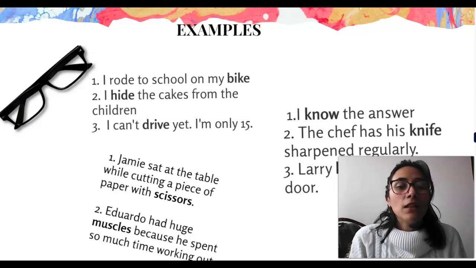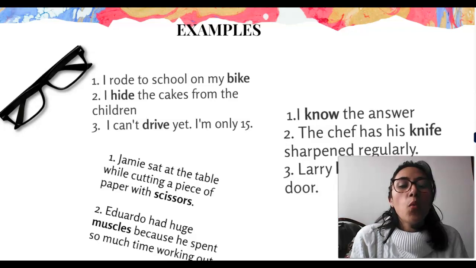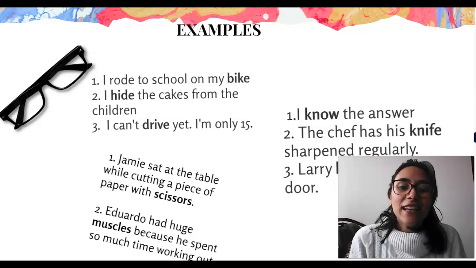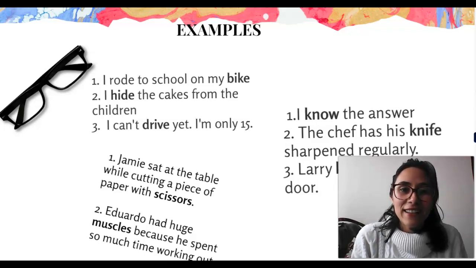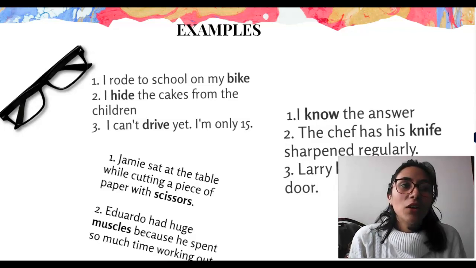Another example. Look at this: Jaime sat at the table while cutting a piece of paper with scissors. In the word scissors, we have a silent letter. In this case, the silent letter is the letter C. You cannot pronounce the C in scissors, because before the letter C you have an S. This is the reason you cannot pronounce this C. Look at the other one.